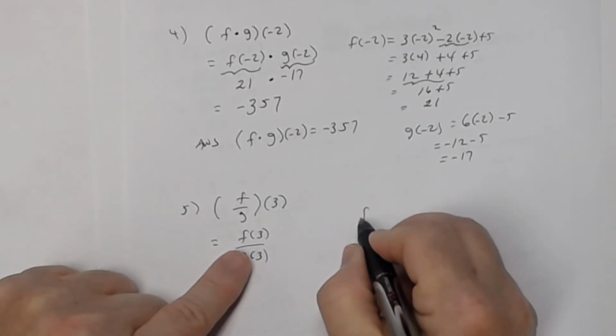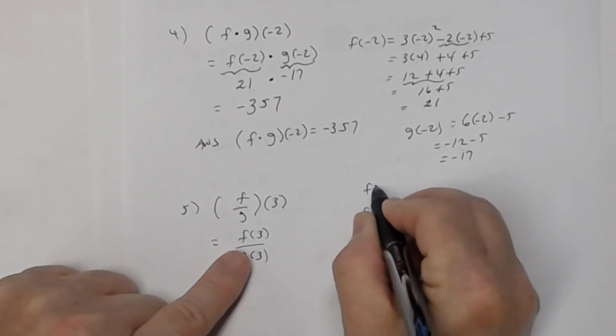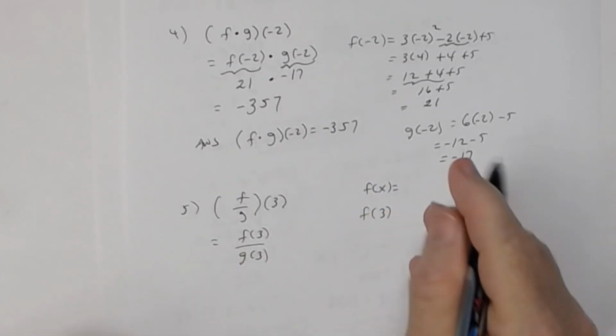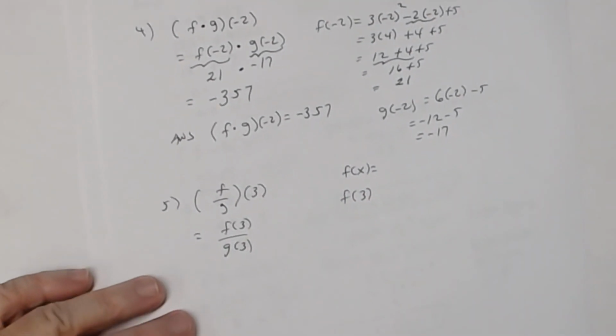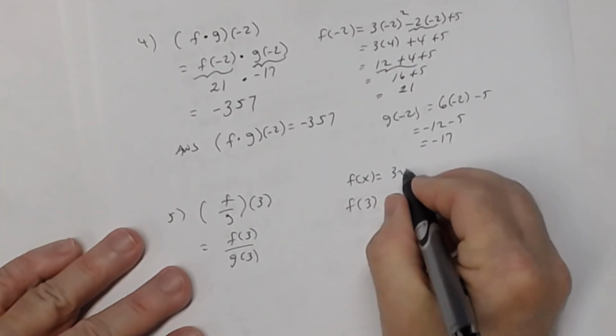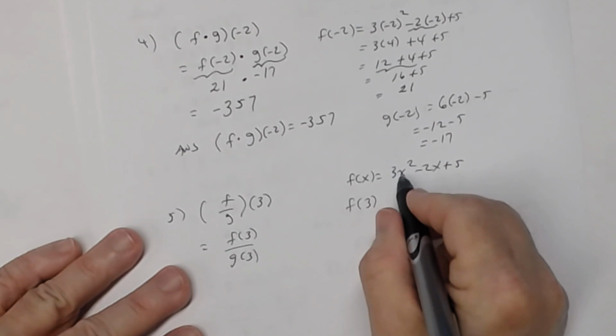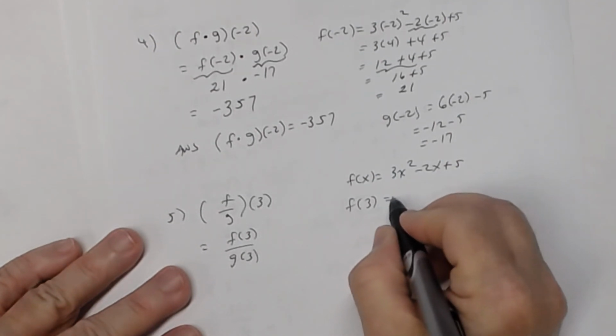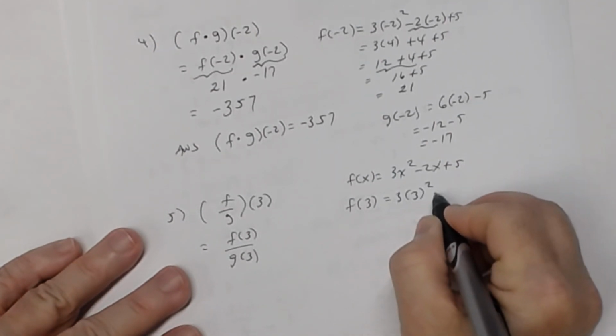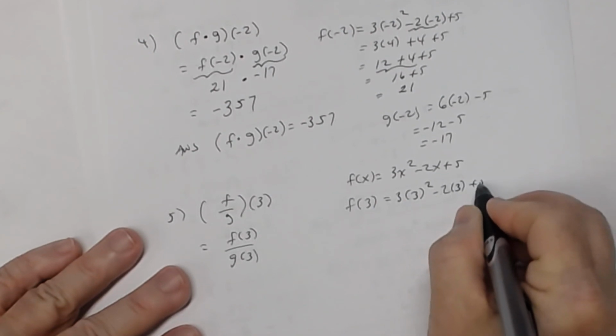To find f of 3, you go to your function f, 3x squared minus 2x plus 5. Where we see the variable x, you substitute 3. So this becomes 3 times 3 squared minus 2 times 3 plus 5.